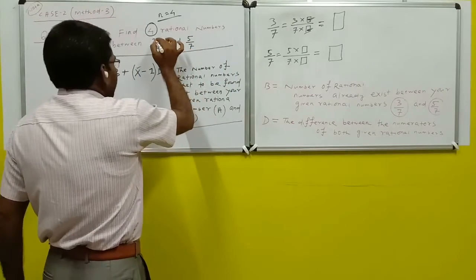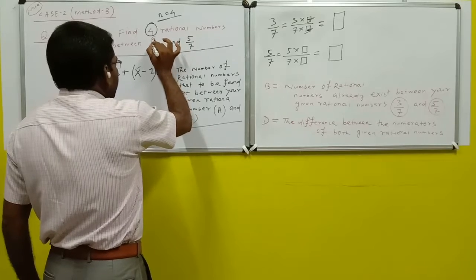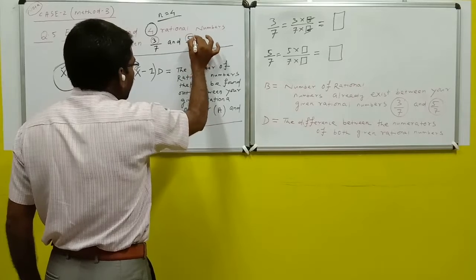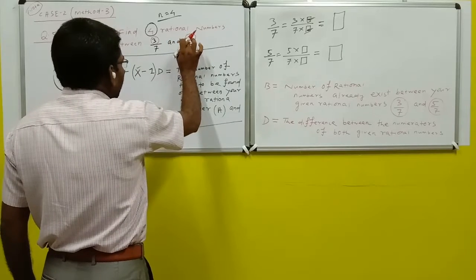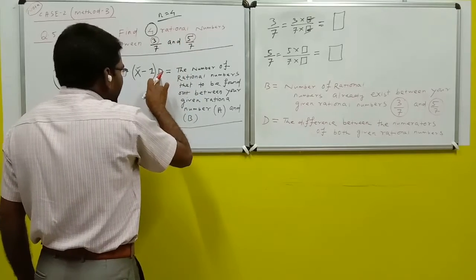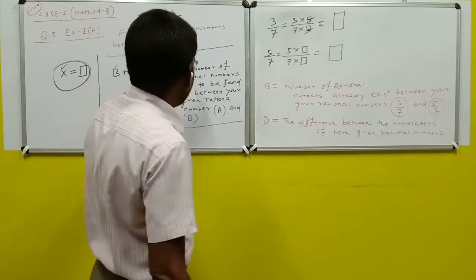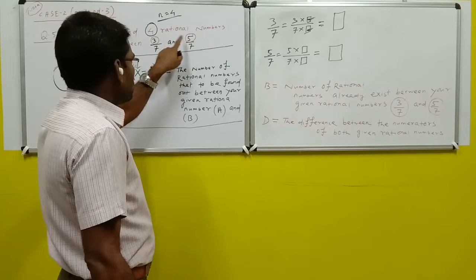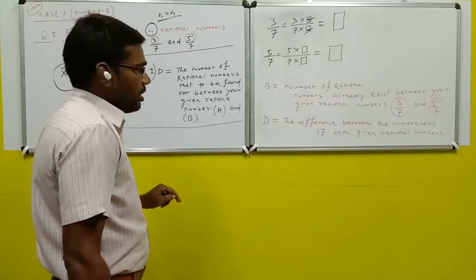Yes, in 3/7 the numerator is 3, in 5/7 the numerator is 5. So the difference between 5 and 3, we considered as d.